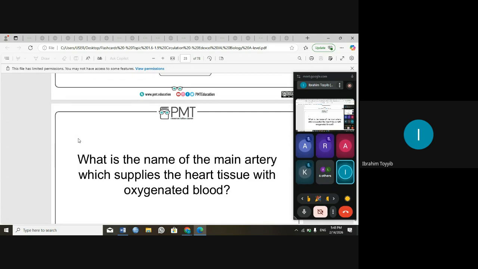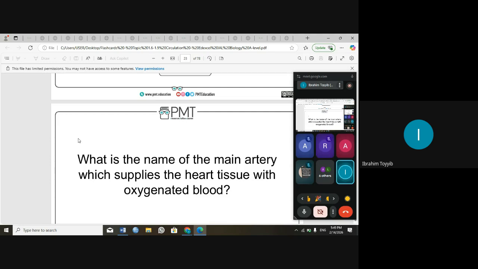We've talked about the artery that supplies the kidney, that's renal artery. Kidney is renal, liver is hepatic. We talk about forelimb, hind limb, iliac, like that. Which one supplies the heart blood? So, coronary artery. Coronary artery, and we just talked about them today.